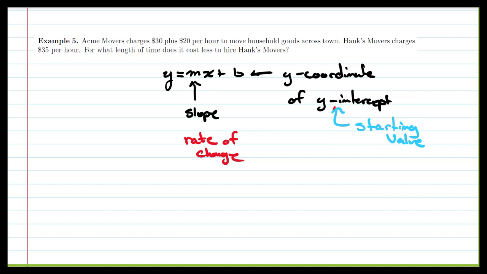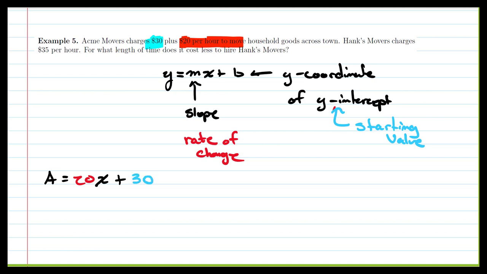in our first one, our Acme Movers, to start, they charge us $30 just to show up, and then their rate of change is $20 per hour. So for Acme Movers, our cost is going to be our rate, which is $20 per hour, times the number of hours, so that's our x, plus the starting amount.